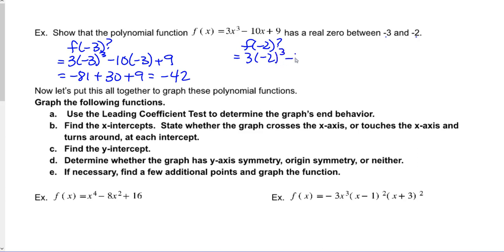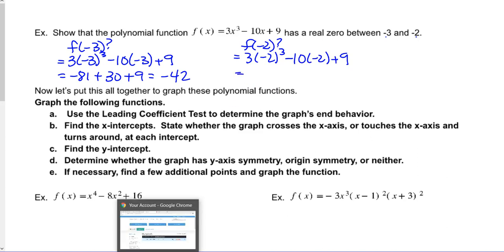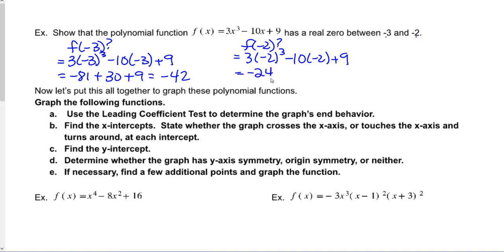So that means I need to cube it, minus 10 times negative 2 plus 9. And when I do that, negative 2 cubed is negative 8 times 3 is negative 24. Then I have a plus 20 here and a plus 9. Well, this is 29 minus 24 gives me a 5. Now that's a positive 5, and that's what I really want to hone in on.